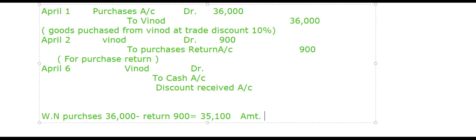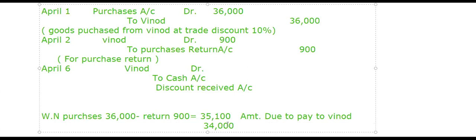The amount you pay to Vinod. Now the amount paid is 34,000. If the amount paid is 34,000 instead of 35,100, what does it mean?